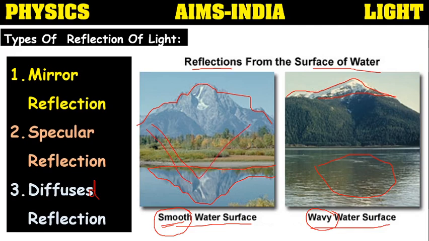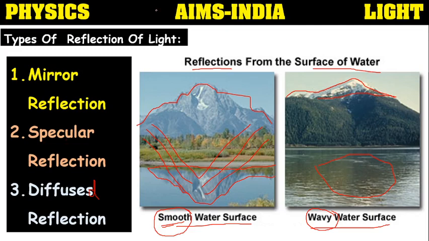So if we consider a parallel beam of light, before reflection in whatever direction the parallel beam is coming, after reflection also the parallel beam will be reflected in the same way. So that's why we can observe the mountain range as it is, in the same manner. So that is called specular reflection or regular reflection.